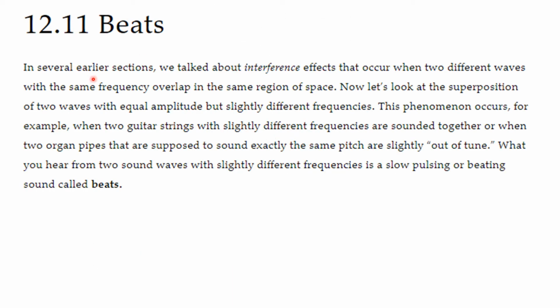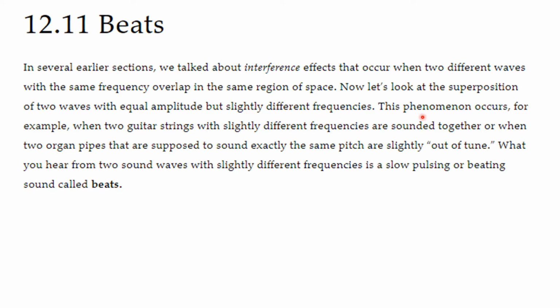By way of introduction, previously we talked about interference effects that occur when two different waves with the same frequency overlap in the same region of space. Now we're going to look at the superposition of two waves with equal amplitudes but slightly different frequencies.